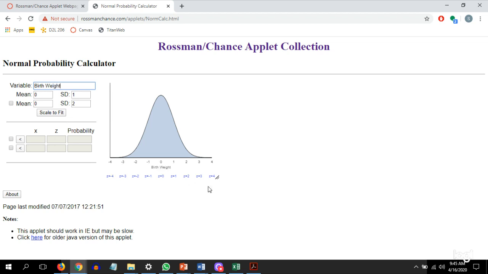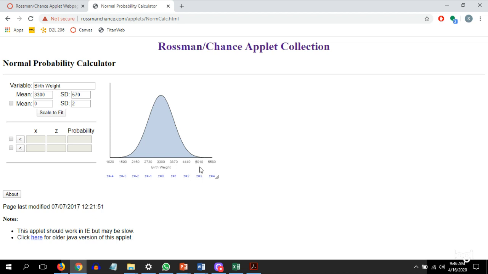You can see that changed the picture here. It starts by assuming that the mean is 0 and the standard deviation is 1. I have to tell it that the mean is 3,300 grams and the standard deviation is 570. The picture disappeared, so I better scale it to fit. Now it's drawn the same picture that we had.